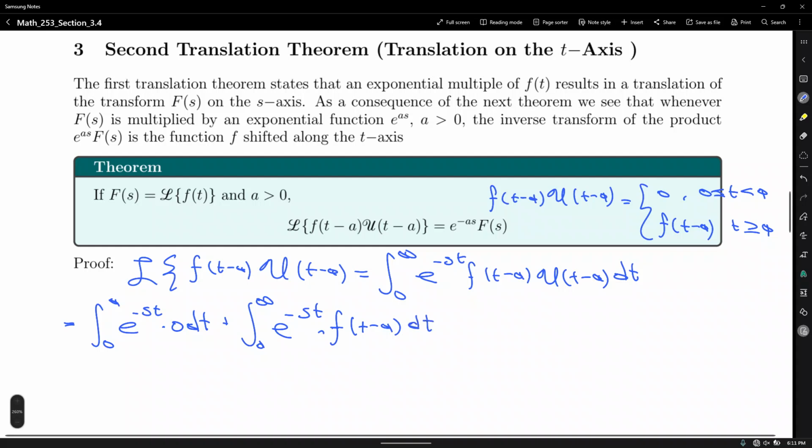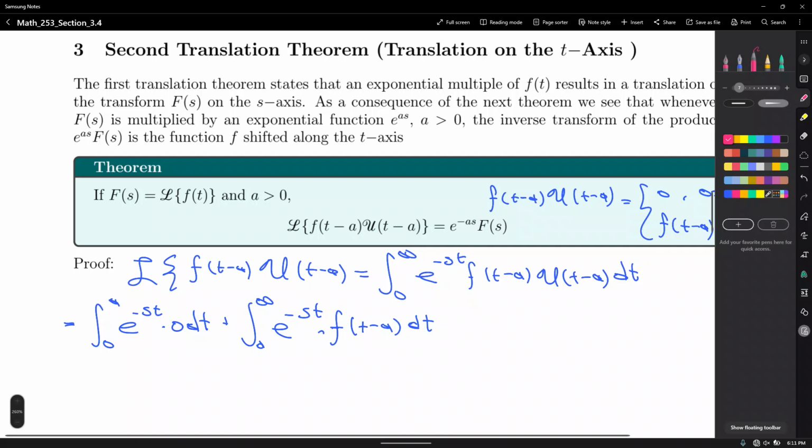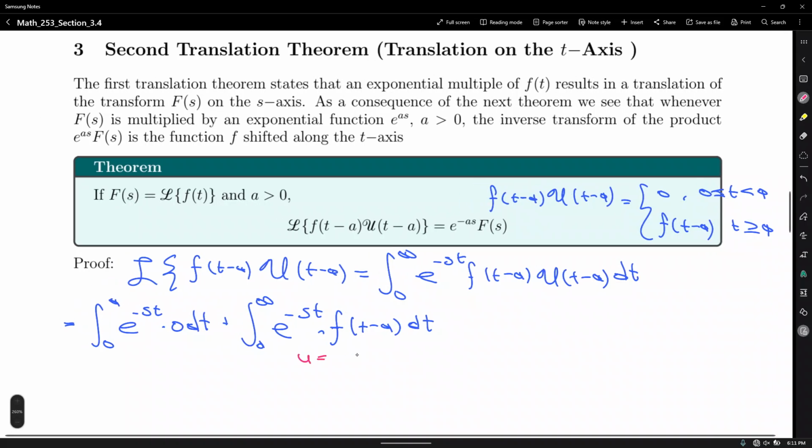Okay, guys, to evaluate this integral, I'm going to do a substitution. I'm going to set u equals t minus a, du equals dt. And at the same time, I'm going to set t equals u plus a. All right? So here we go. Check this out.